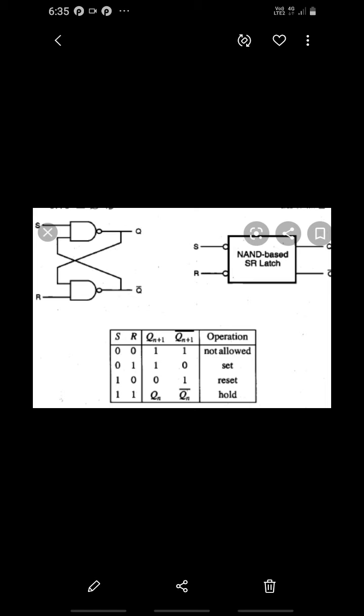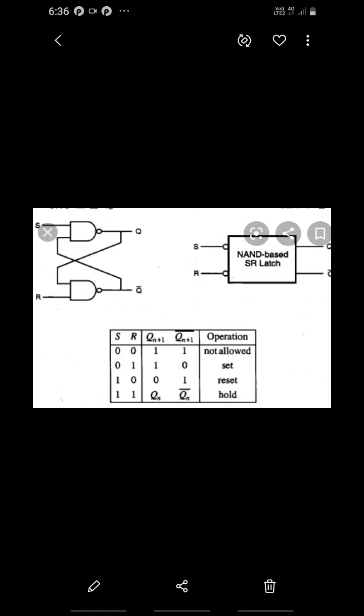And we can draw the truth table, that is S R Q Q bar and state or operation, that is 0 0 0 1 1 0 1 1. And here NAND gate truth table we know, that is 0 0 0 1 1 0 1 1.